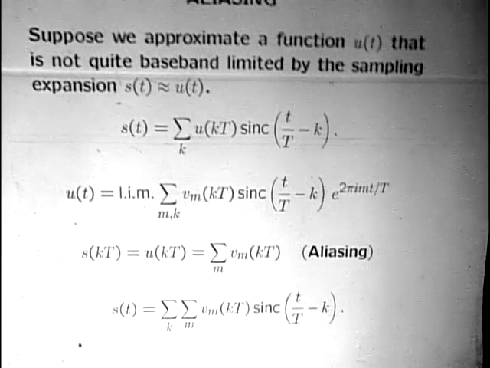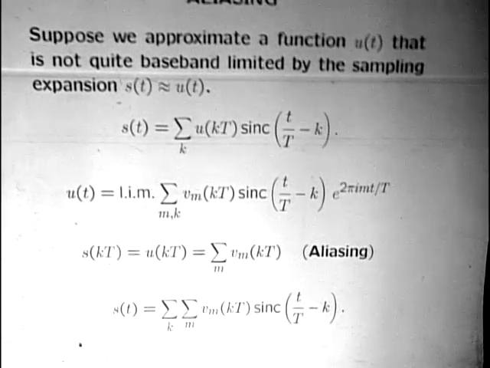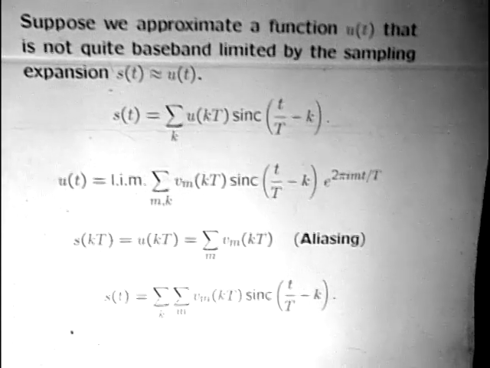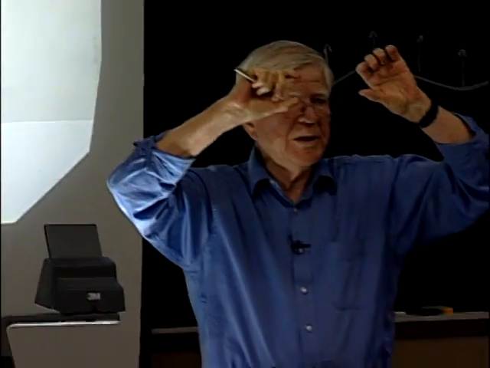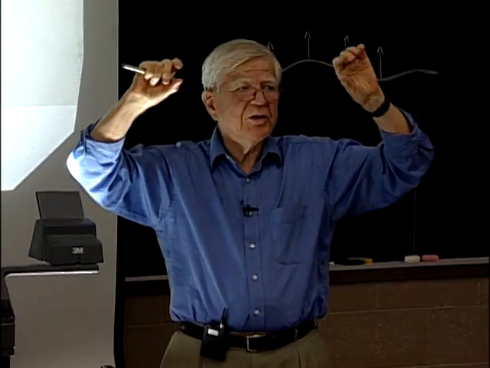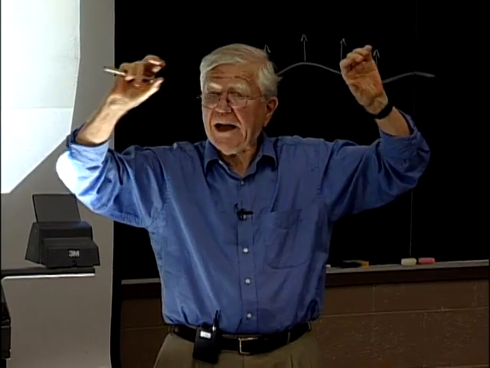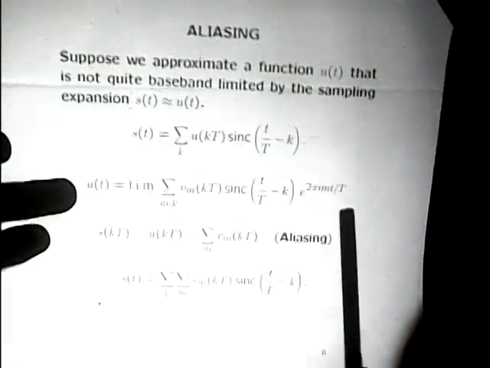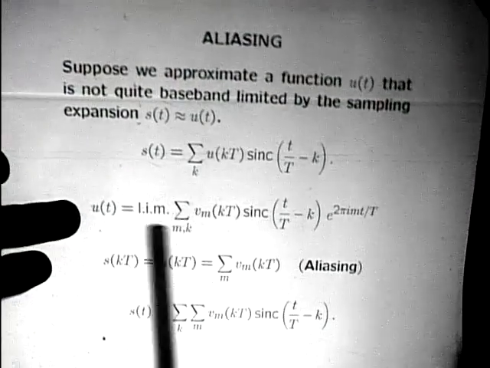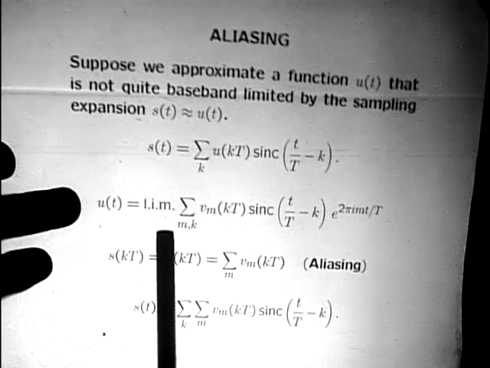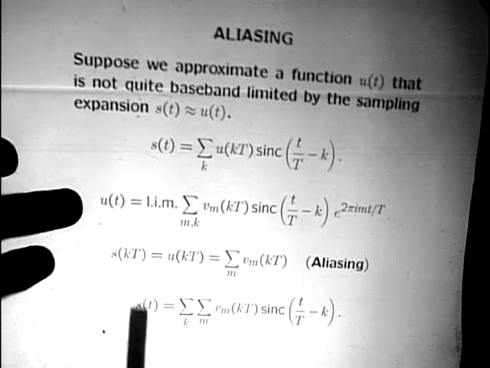Remember, the thing we did was to take arbitrary u of t, split it up into little frequency bands, each of width w, then apply the sampling theorem to each of those frequency terms, which we can do exactly. Okay, so this in fact is an exact expansion. Don't worry about the limit in the mean right now. We're going to get rid of that in a while.